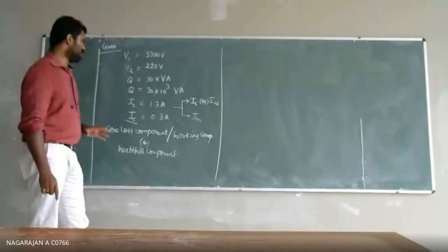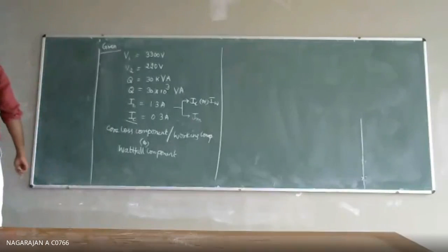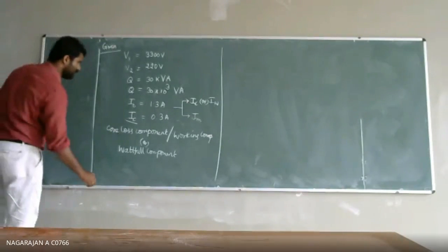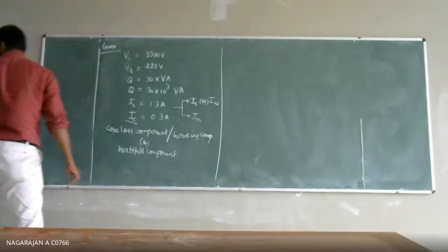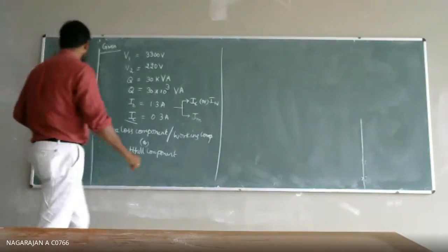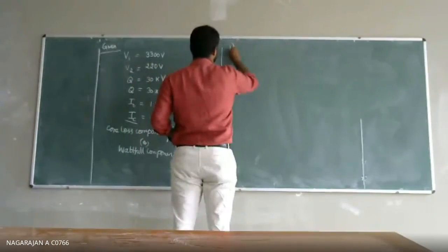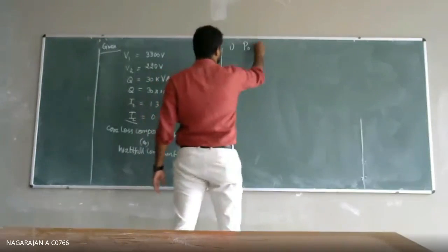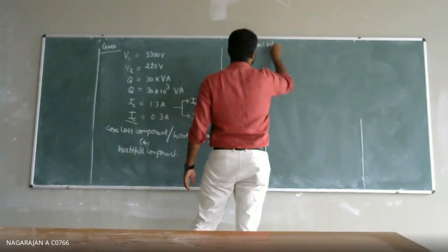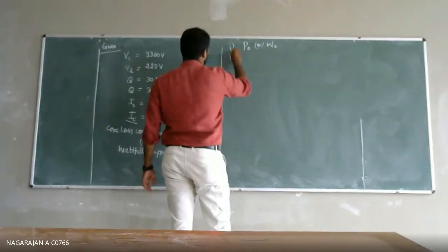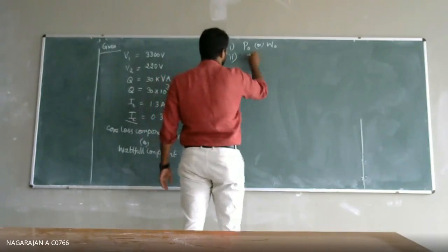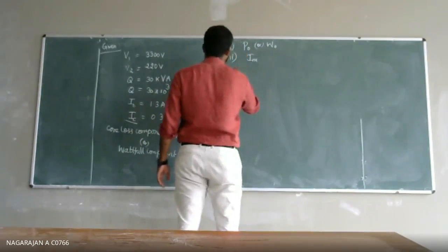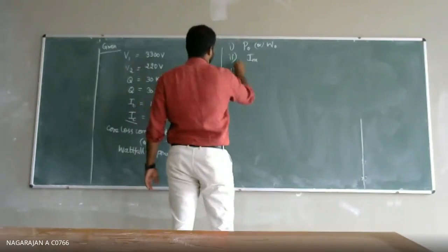What they are telling us to find is the no load input power, denoted as P naught or W naught. The second one to find is the magnetizing current at no load condition.